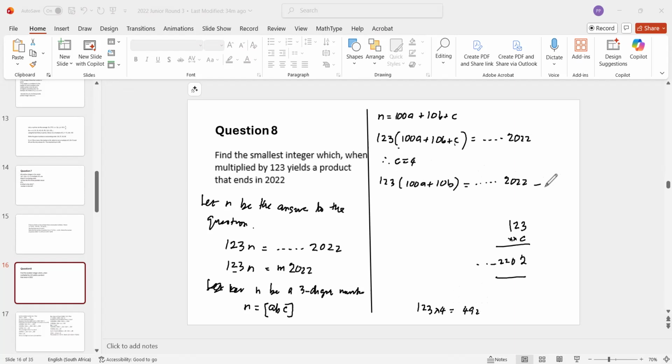I'm going to take the 492 and put it on this side. So it's 123 times this is equal to, you take the 123 times C, which is 123 times 4, and put it to the other side. What do you have now? You have something like this.